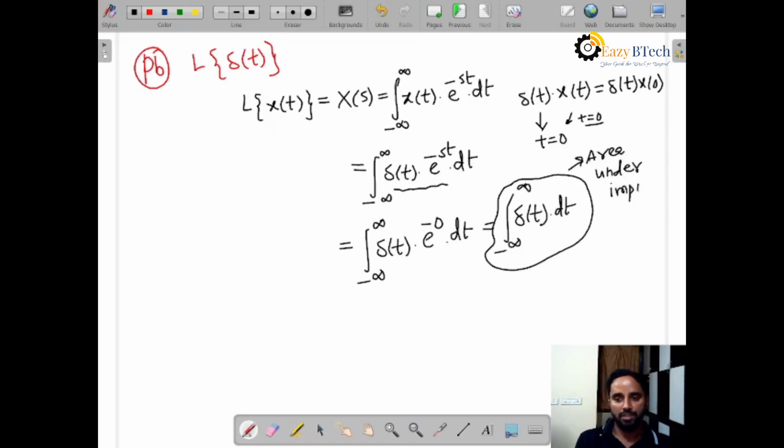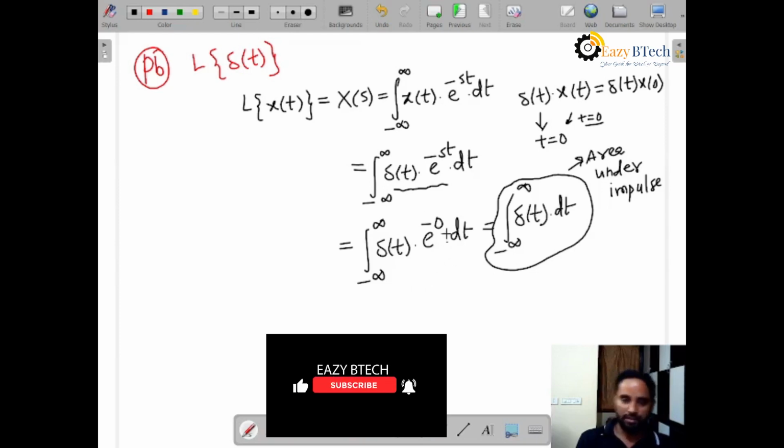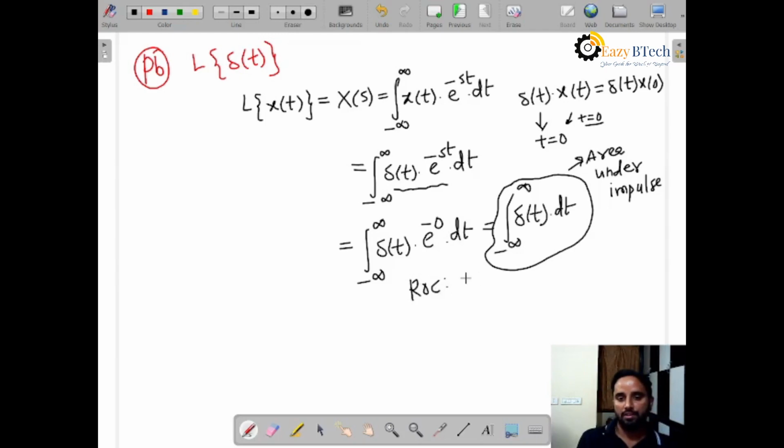And what about ROC here? Here we have e power s into 0, which is e power 0, so it holds for all values of s, or the entire S plane. The integral of del of t dt from minus infinity to plus infinity is the area under the impulse, which is equal to 1.